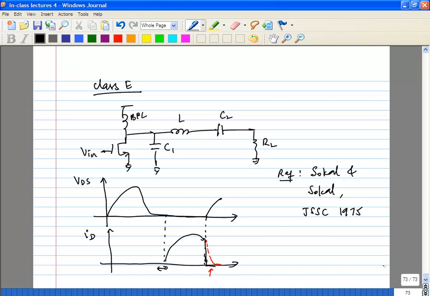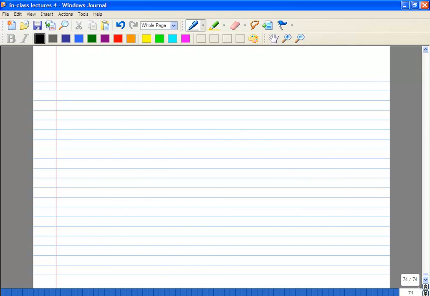He actually gives you all the design equations you need for this, and I'll just list them out, because the main design equations are how do you choose C1, L and C2. Those are the important ones. Of course you have a certain Q, your inductance is Q times RL over omega.